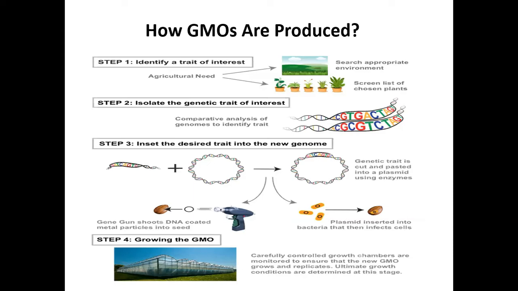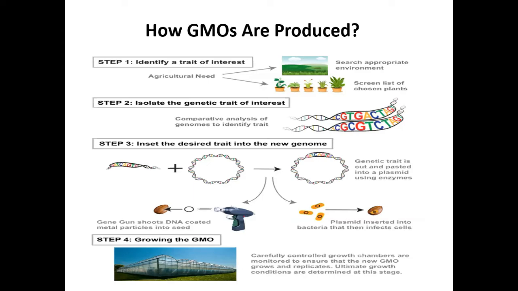The third step is the insertion of the desired trait into the new genome. This can be done through different techniques such as gene gun technology, transformation, transduction, etc. When I say gene gun technology, it basically involves metal particle coated DNA that is bombarded into the targeted site of that organism.